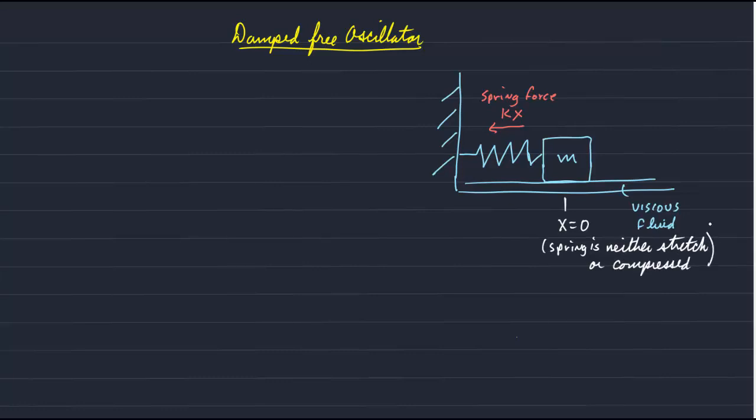If the spring is stretched, where x is positive, then the spring force will be back towards the wall, and that's drawn by this arrow here. The other force is the force of the fluid.